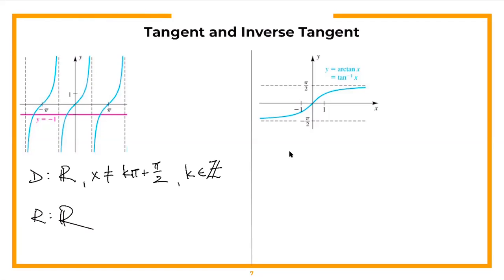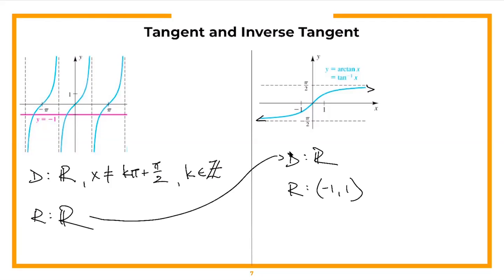All right, we can take our range and it becomes our domain for inverse tangent. If we look at our graph, this graph goes in both directions forever and ever, so that's why we know our domain is all real numbers. And then our range is going to be from negative pi over 2 to pi over 2, using parentheses and not brackets because it doesn't actually get to pi over 2 and it doesn't actually get to negative pi over 2.